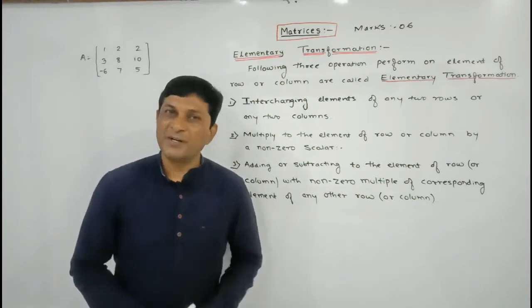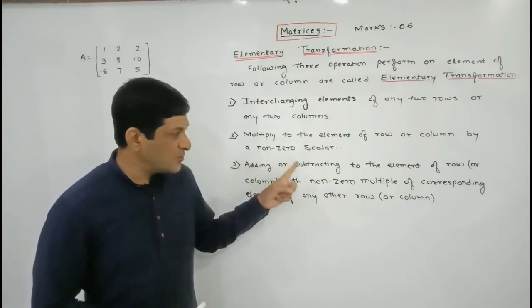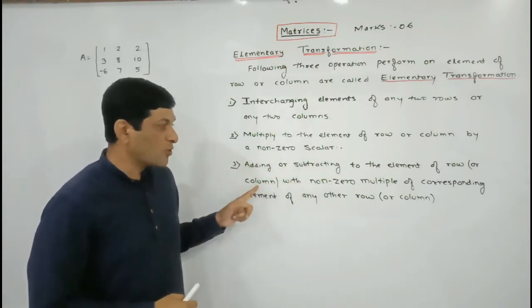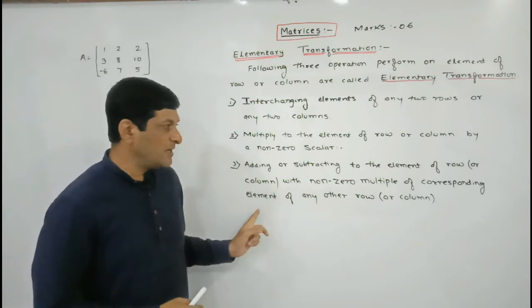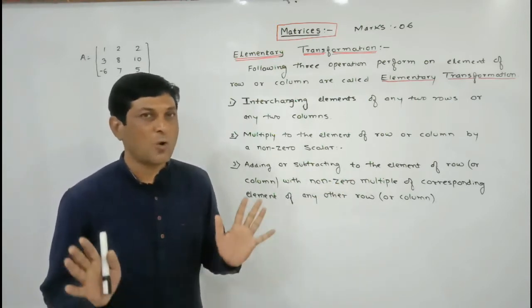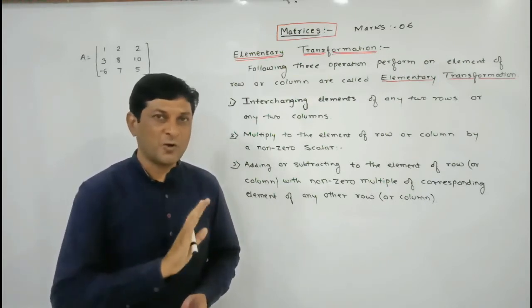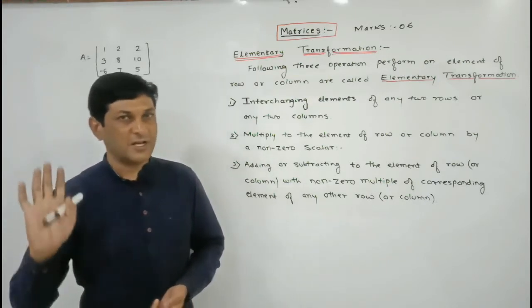Now see, the third operation of elementary transformation says that we are able to add or subtract to the elements of a row or column a non-zero multiple of the corresponding elements of any other row or any other column. So it is a very important operation. Try to understand it very carefully.